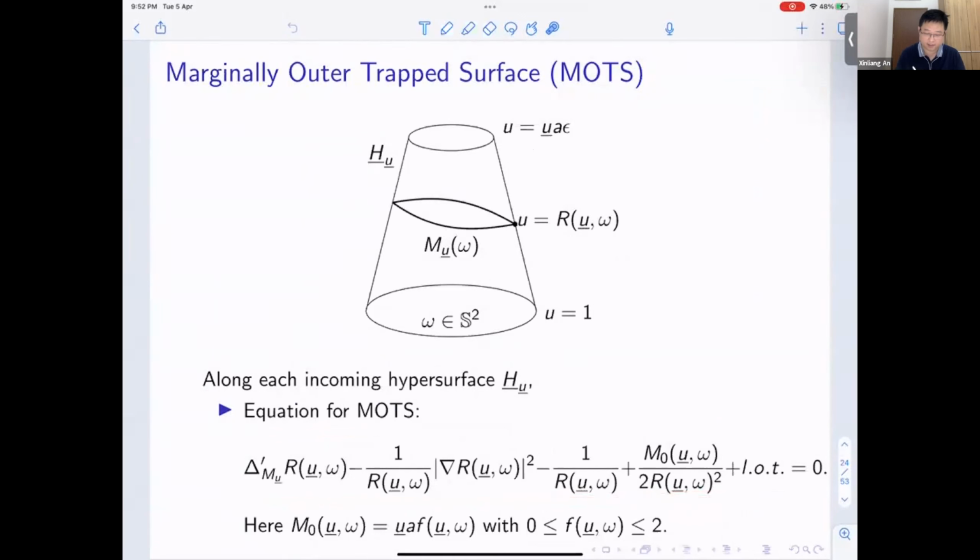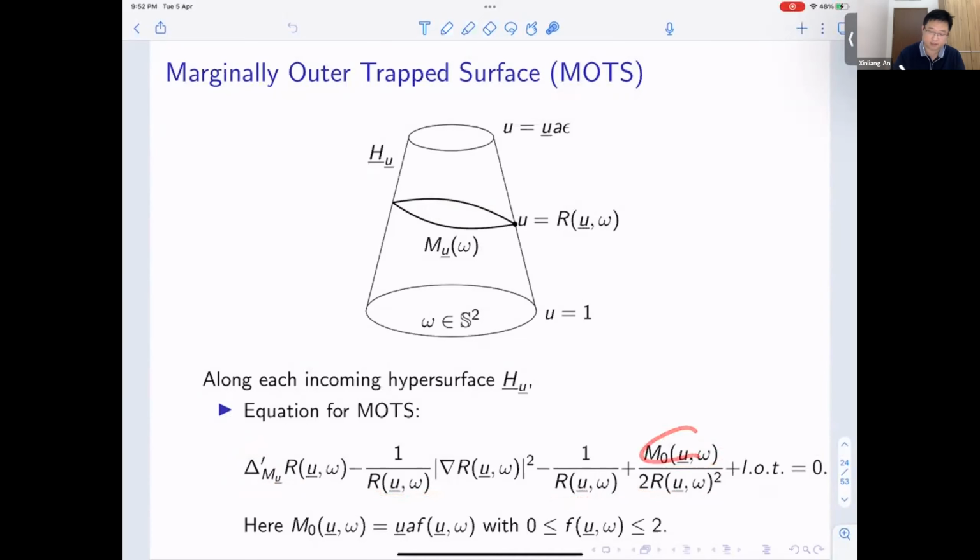This is quasilinear because the induced metric will depend on the location. But interestingly, the difference from Jang's equation is that the metric only depends on R, and does not depend on the gradient of R. There are also some important nonlinear structures, and there is M, which is interesting.